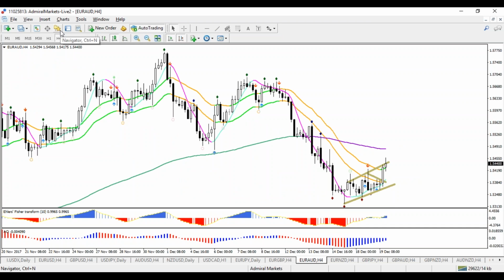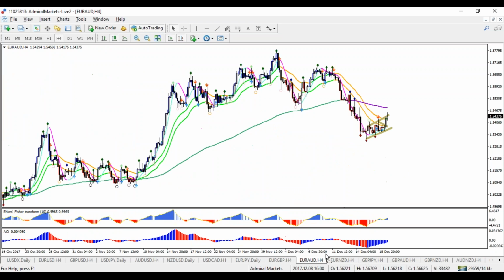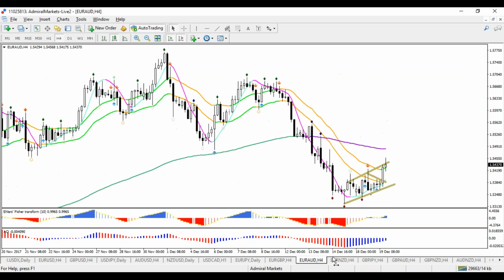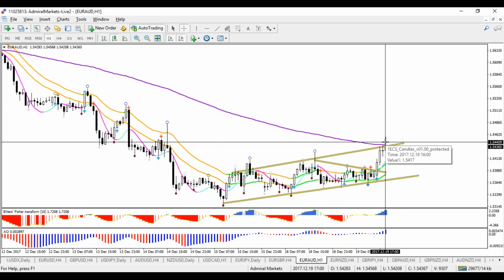I think that with the 4-hour candle we just had on the euro odd, that's a pretty sturdy one. We already had follow through on that actually. There could be more upside on this euro odd. Probably the best is, now it's a little bit late because it's at resistance.